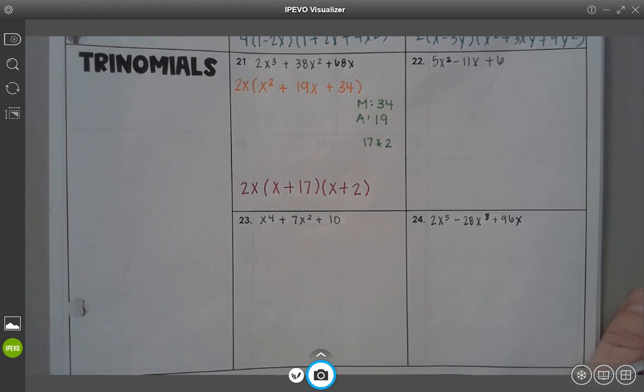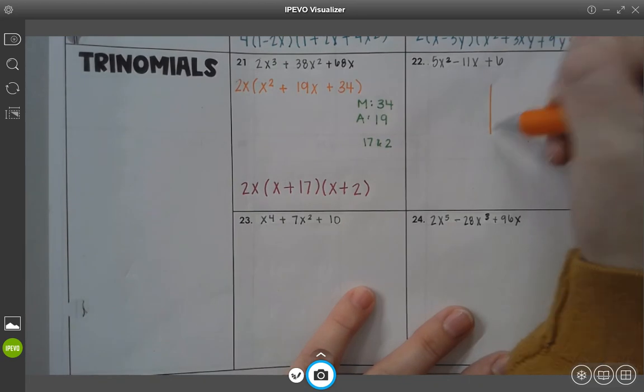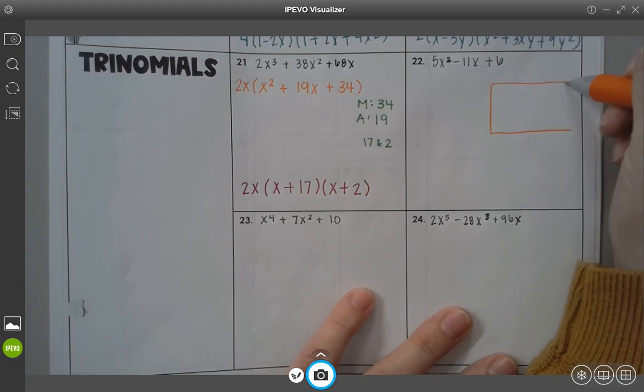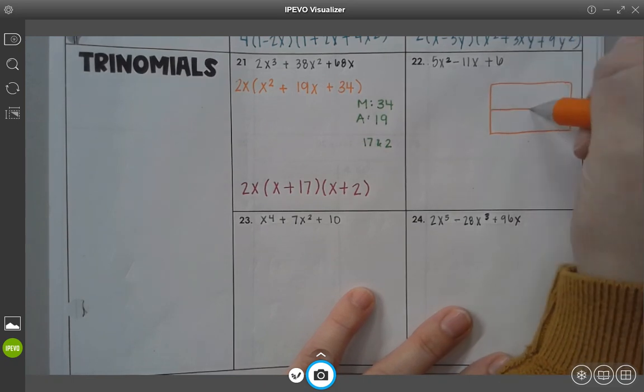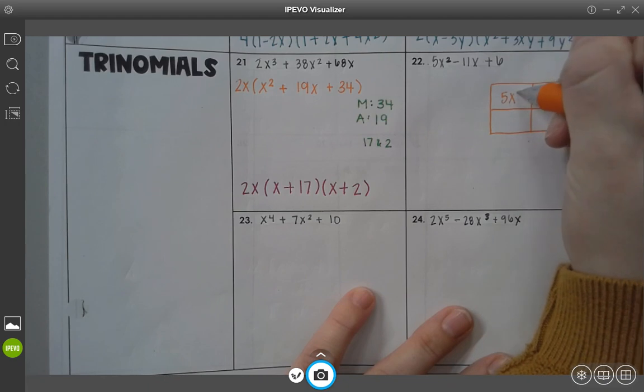Number 22, is there a GCF? No, there's not. And there's a number in front of the x squared, which means this is the one where we're going to have to use the box method. Five x squared goes in the top left.